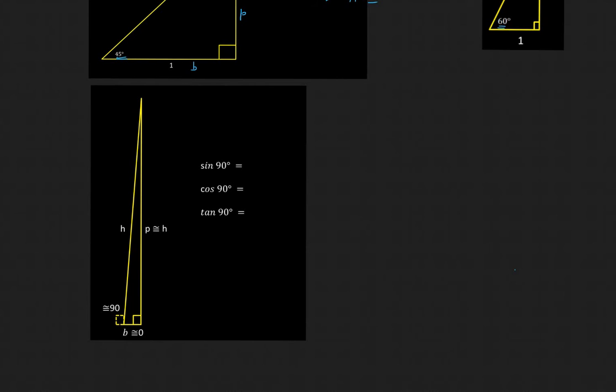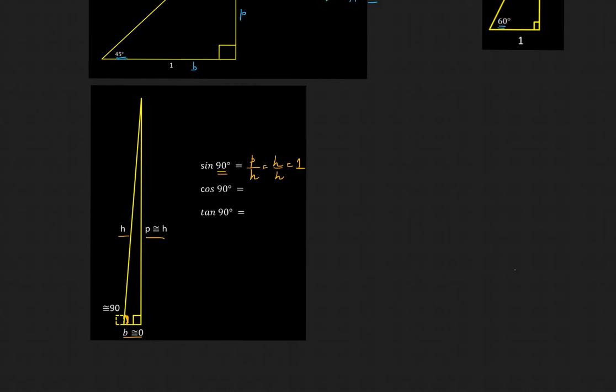In this triangle, when we are trying to find the sine and cos for this angle, as you can see, this is an approximation. Our perpendicular is here, the base is here and the height is here. So sine 90 is perpendicular by hypotenuse, that is h by h, so that is 1.